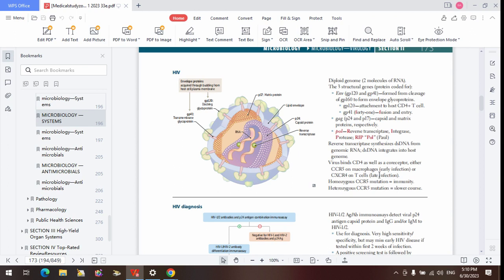That is why when we want to assess for a marker of AIDS, which is an advanced form of HIV, we will not be checking macrophage counts because it doesn't make sense. In early infection, you are destroying the macrophage, but in late infection, we are predominantly destroying T cells. So the T cell count should be of concern to me when I'm thinking of a diagnosis of AIDS.